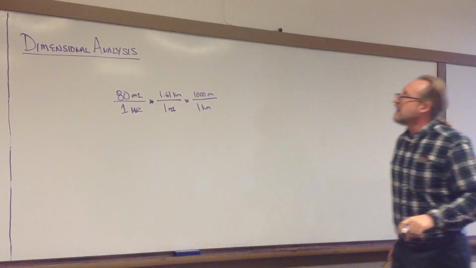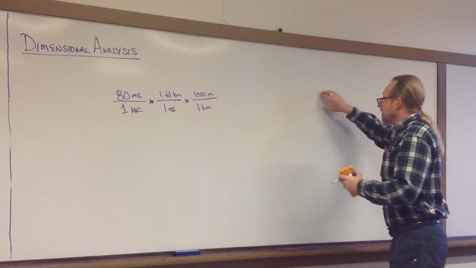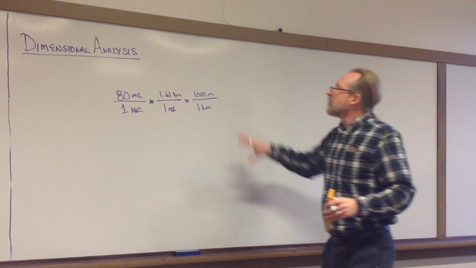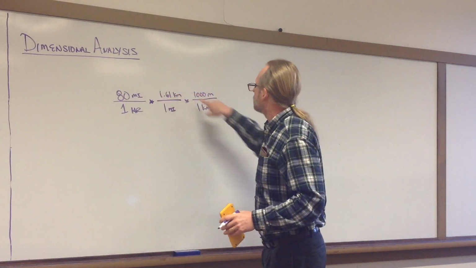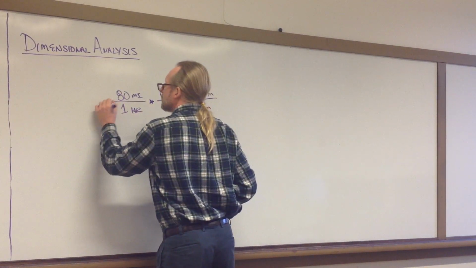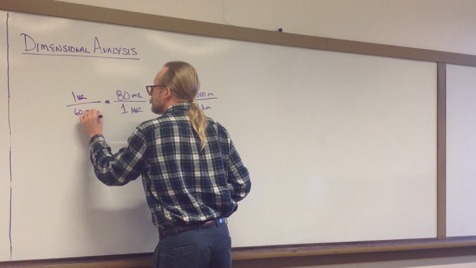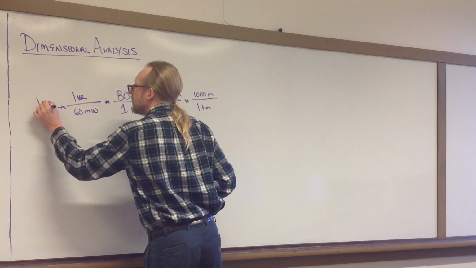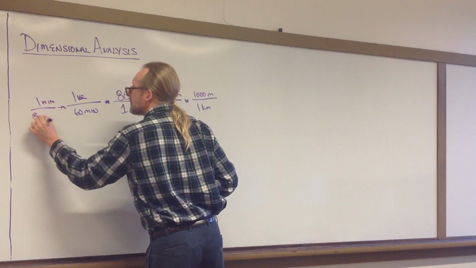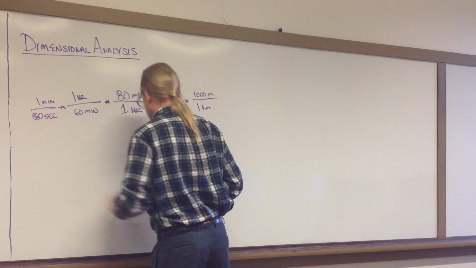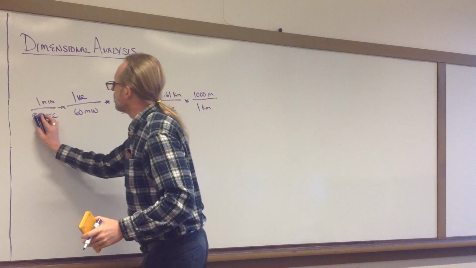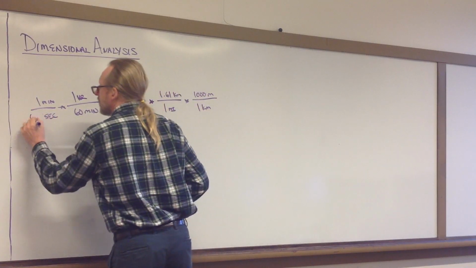Now notice that in the proportion you want to line them up in the same place, but when we're doing this dimensional analysis you want them in the opposite positions. Over here, 1 hour is 60 minutes, 1 minute is 60 seconds. Let's go ahead and make that more clear.